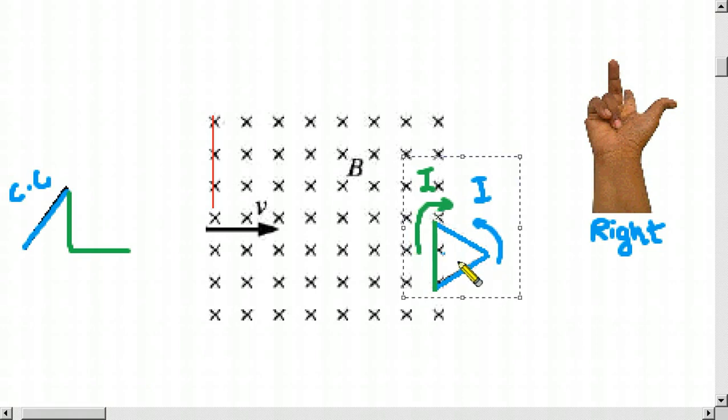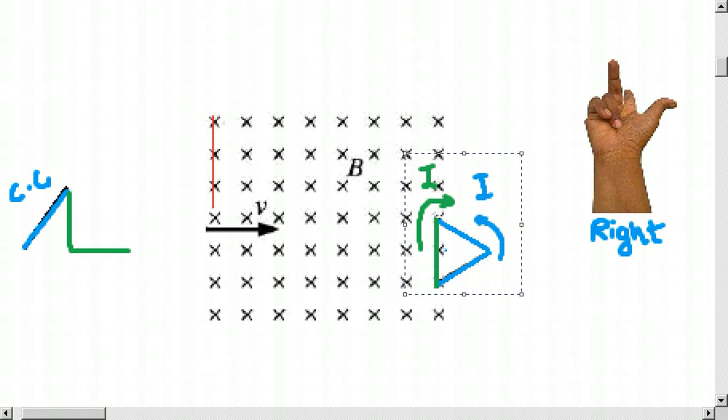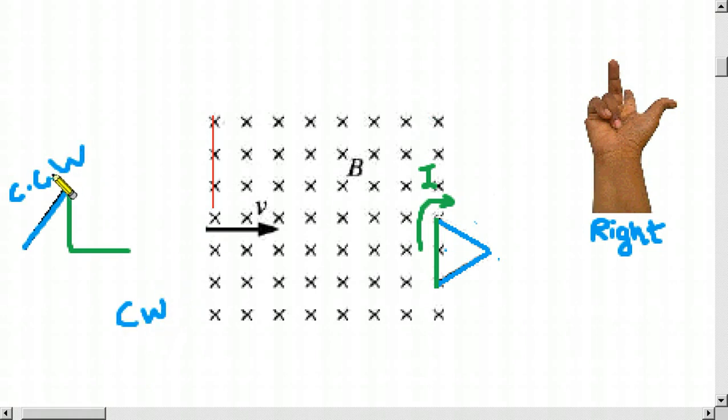The blue color part of this loop is out of the magnetic field, so it is not generating any current. So this one I delete because it has no magnetic field. Then the current is towards the right side, this one left side or counterclockwise. Now the current is clockwise, this one counterclockwise. So the graph must go this way.